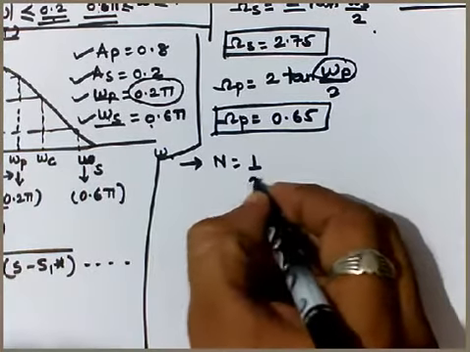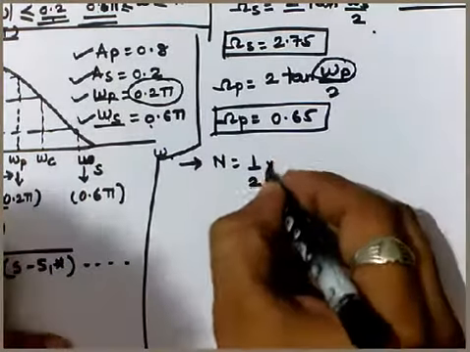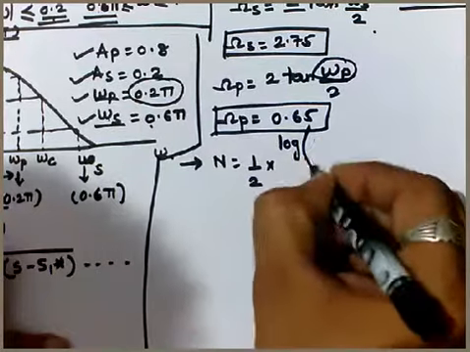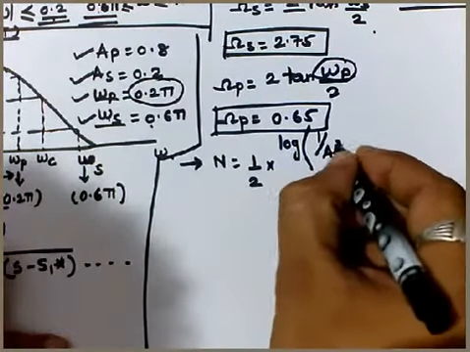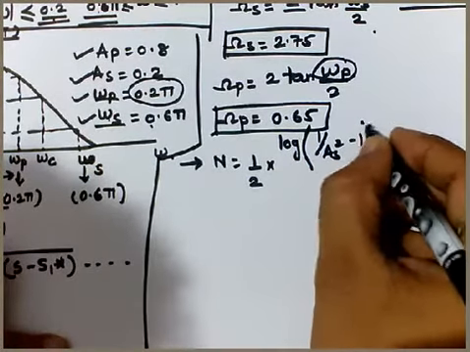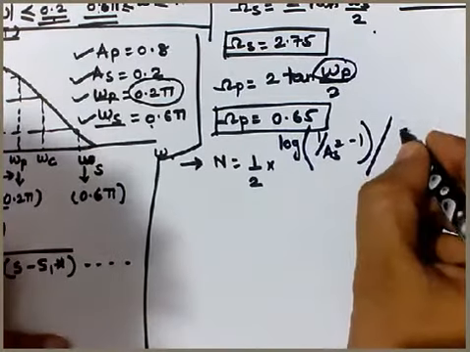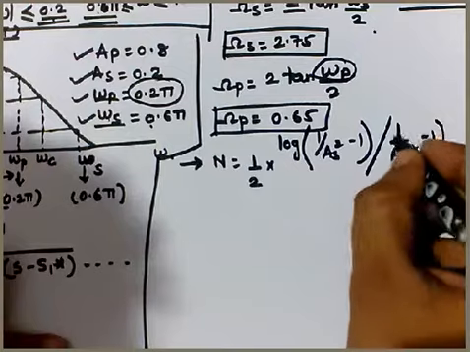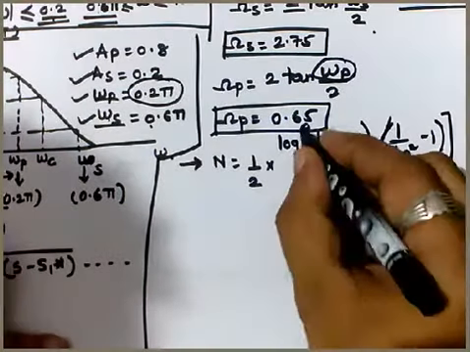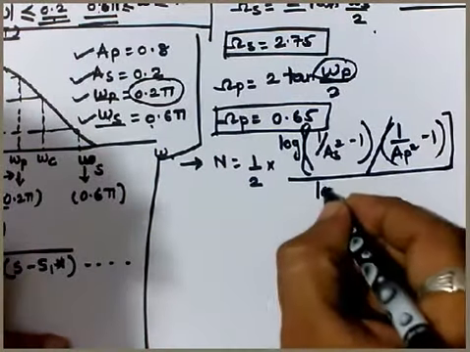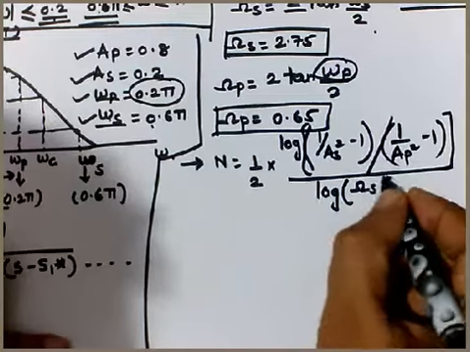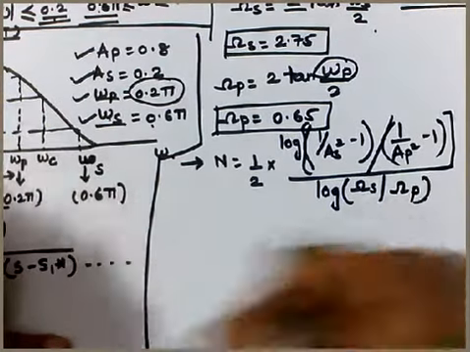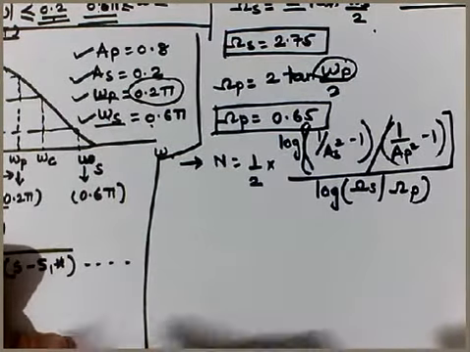The formula which is well suitable is 1 by 2 log of (1 upon AS square minus 1) divided by (1 upon AP square minus 1), the entire log, divided by log of Ωs by Ωp. This is the formula for the order of the filter.